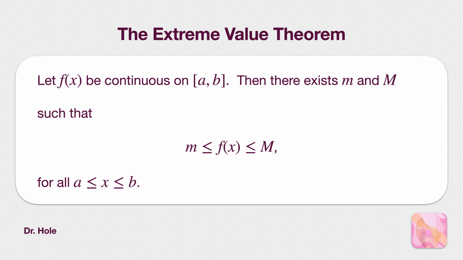The statement of EVT has as hypothesis that f is a continuous function on a closed interval a to b. And for such an f, we will produce its minimum value, little m, its maximum value, capital M, and therefore f will be trapped between its minimum value and maximum value.